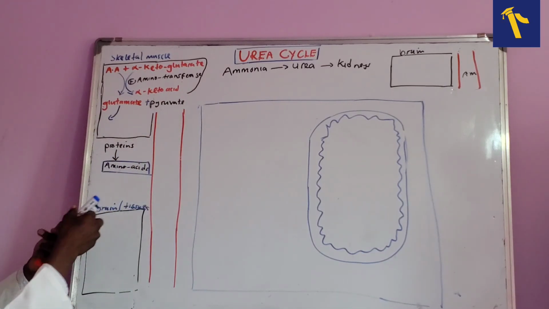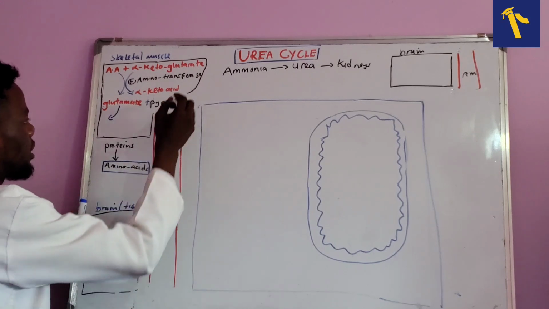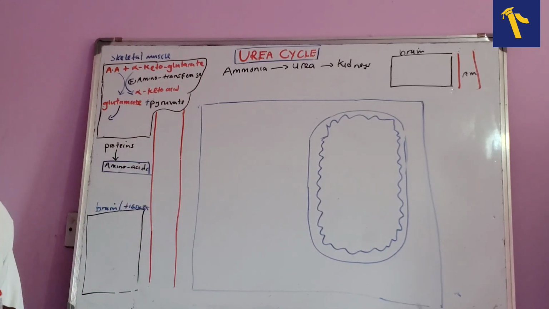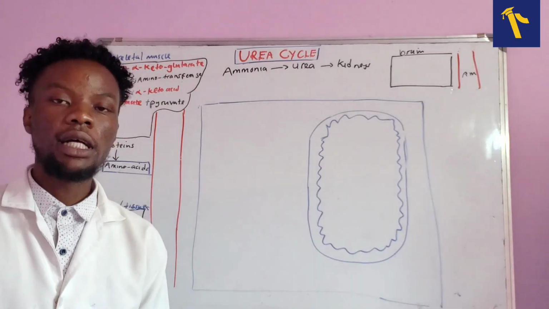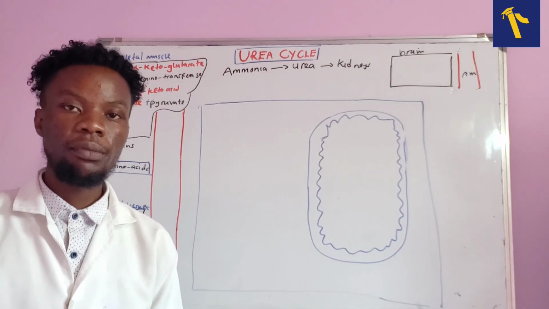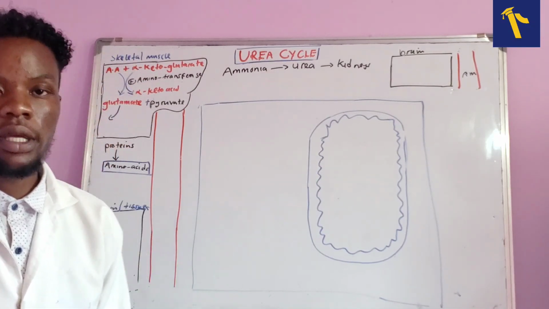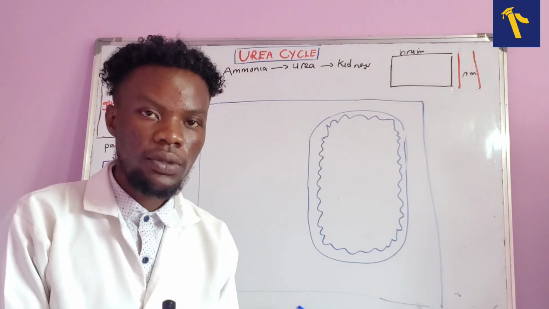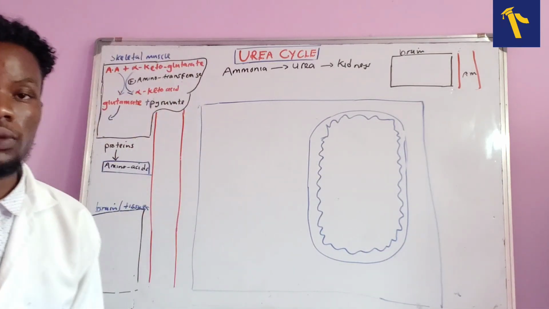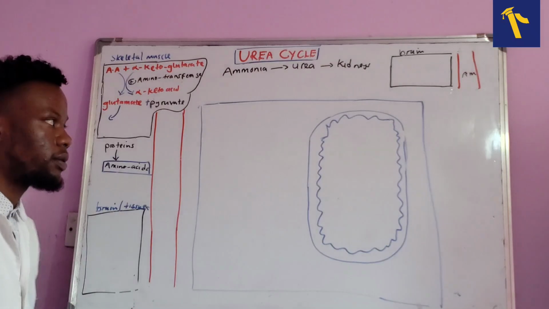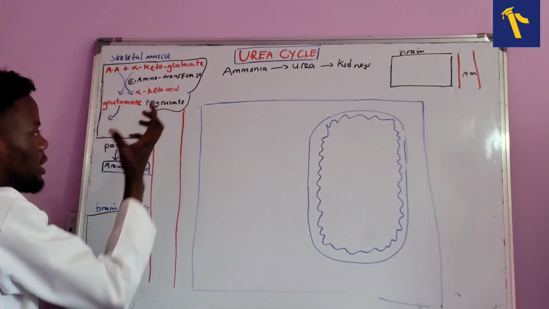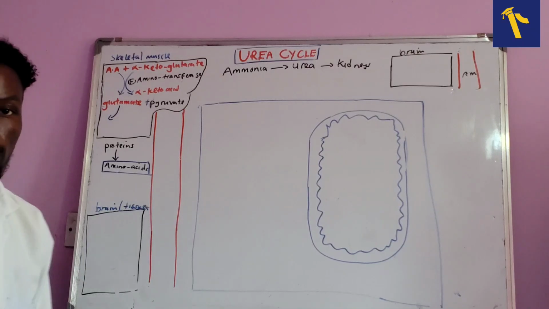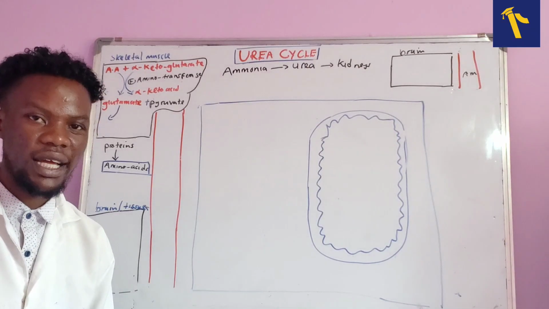And the question that you can ask is, where is this pyruvate coming from? Pyruvate is coming from the glycolysis pathway. If you remember the glycolysis pathway, the end product is pyruvate. So pyruvate is produced in the glycolysis pathway that is happening in the muscles. This pyruvate now has the ability to combine with the glutamate to produce something again which is important.